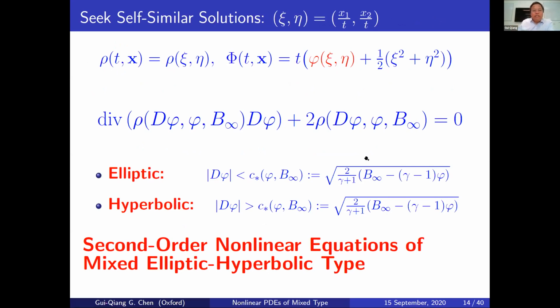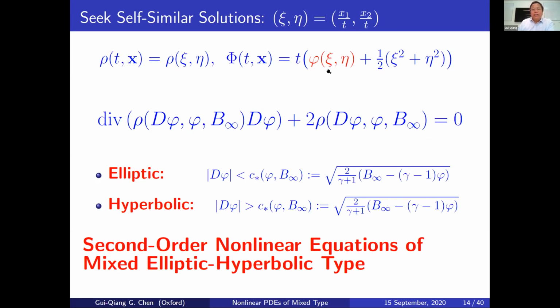Now, with the self-similar variable, we get a new quadratic form like this. For convenience, we shift by the quadratic part, and we call the new phi the pseudo-potential. The reason you shift by the quadratic form is that the equation for phi is a quasi-linear second order PDE, with coefficients independent of the self-similar variable eta. So this looks very nice.